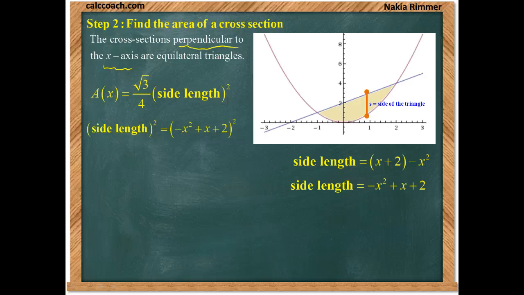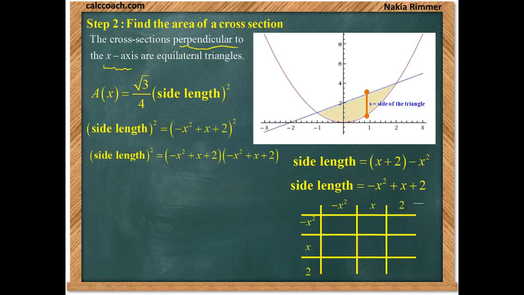It's not the easiest thing to do, but I learned this trick from a student. It works out really well. We take the one times the other. Now we could multiply it out, but it gets a little messy if you do it that way. There's this tool where you take the trinomial on the left, write it in the rows, take the trinomial on the right, write it in the columns, and multiply whenever a row and column intersect. So we'll have x to the fourth, because negative x squared and negative x squared multiply to give that.